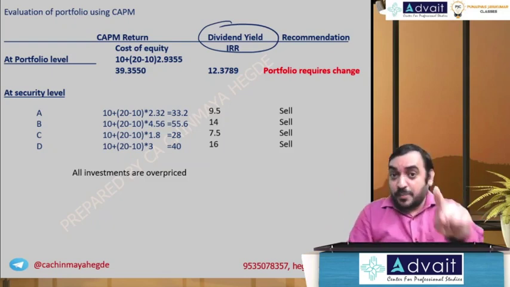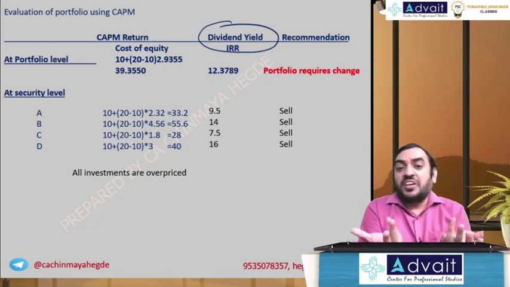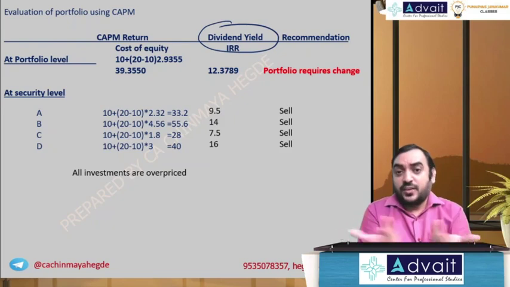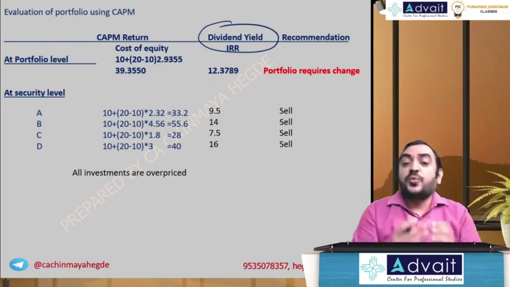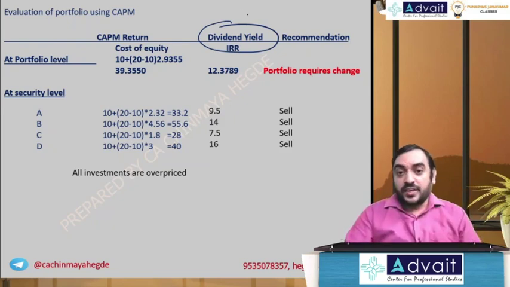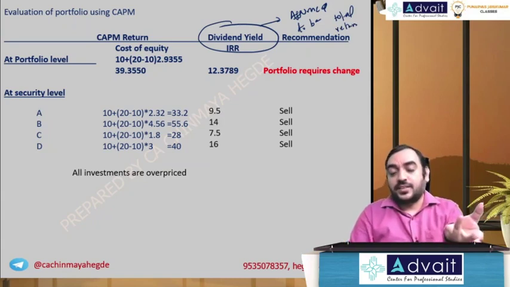But from exam point of view, if this question comes, we don't have information about the price returns, because they have not given what is likely to be the price of the security. So dividend yield is assumed to be the total return. So we are assuming there is no price return.